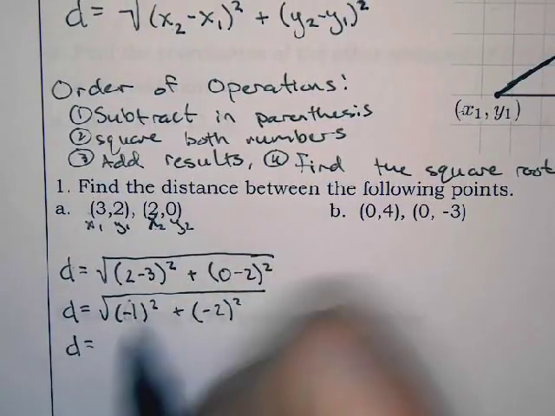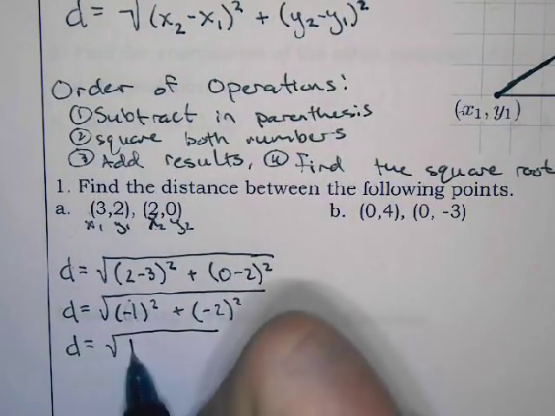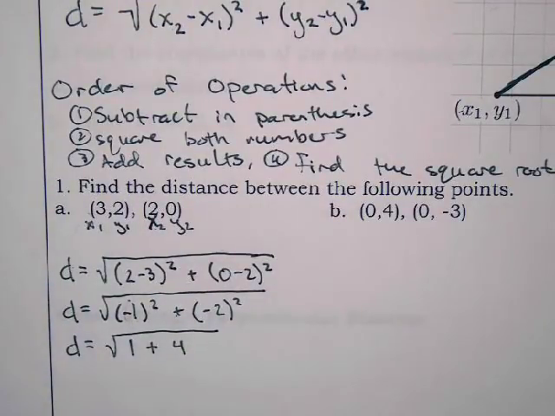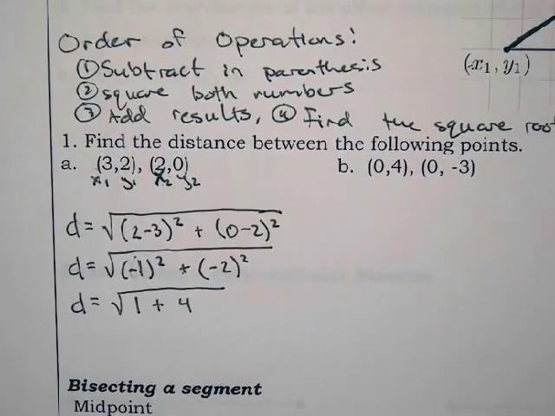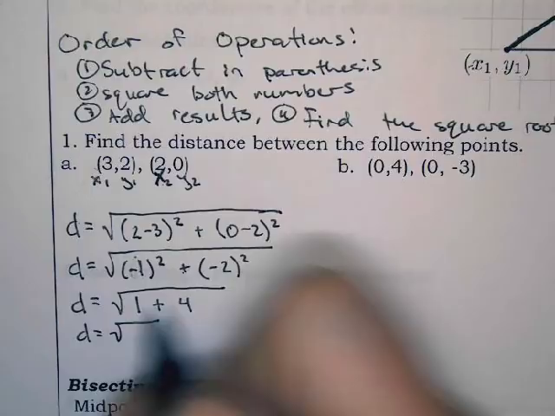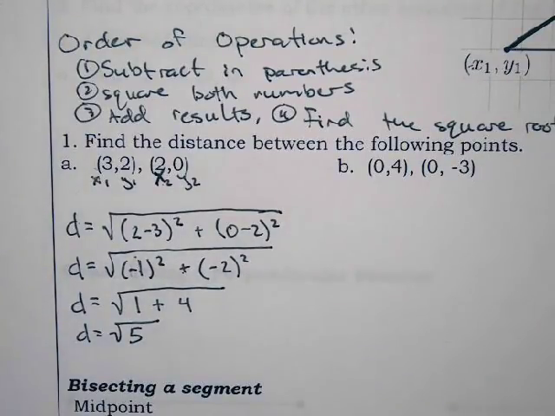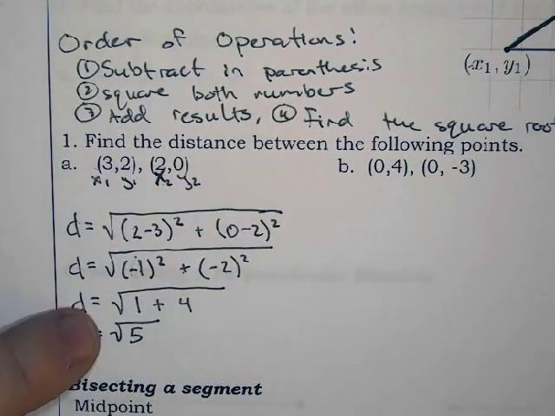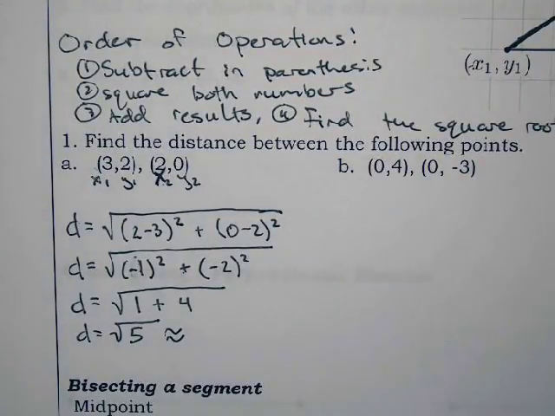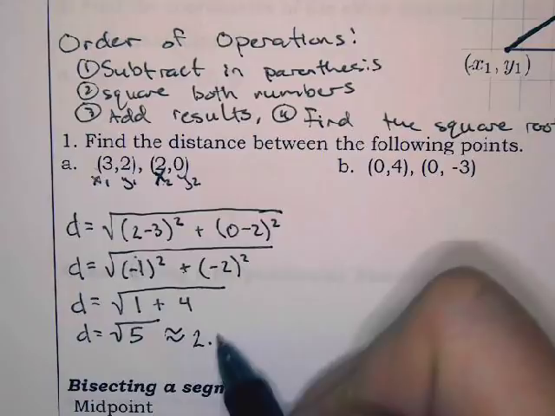Distance is equal to negative 1 squared would be 1, plus negative 2 squared would be 4. Now we'll add those two numbers together. We're adding the results of squaring. So distance is equal to the square root of 1 plus 4, which is 5. Now this is not a perfect square root, so we'll have to do an approximation, and this is approximately equal to 2.2.